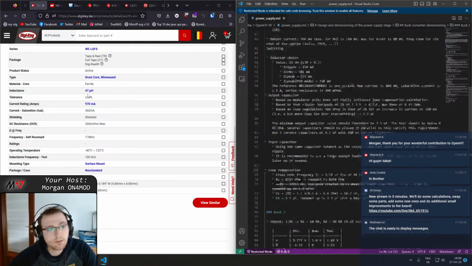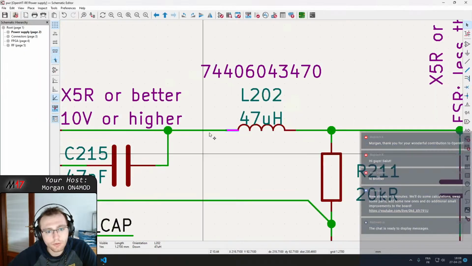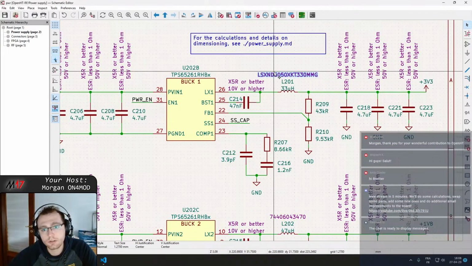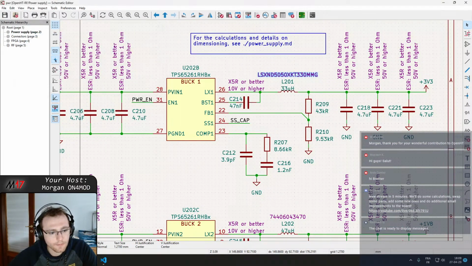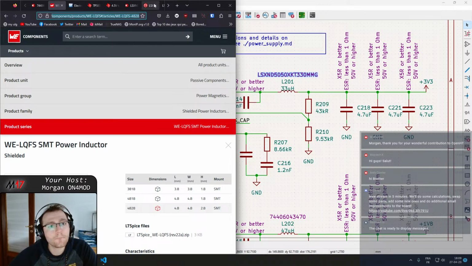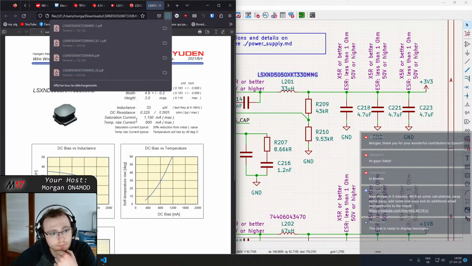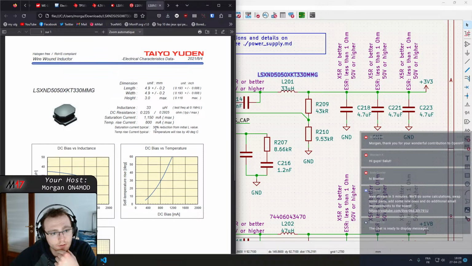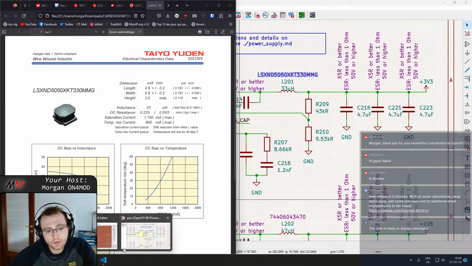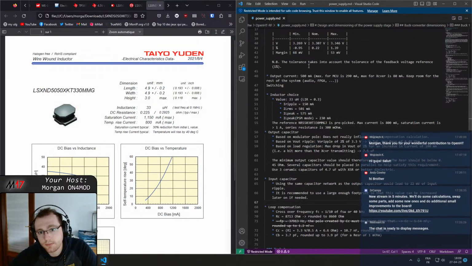Okay, let's do the same for the new one for the 3.3 rail, which is this long name. Oh yeah, it's that one. So we have, no, not this document, sorry, this one.